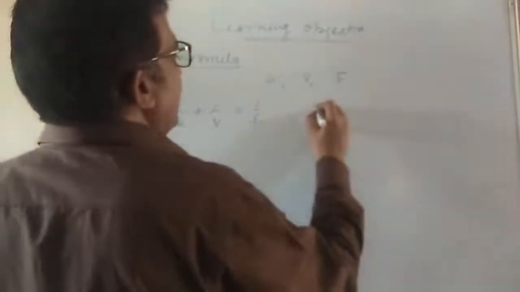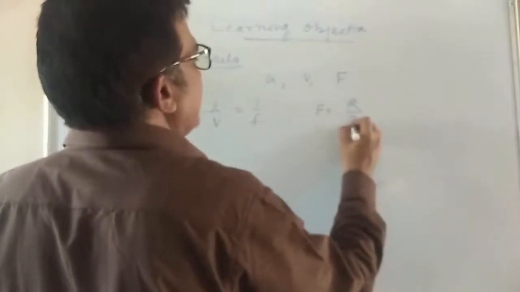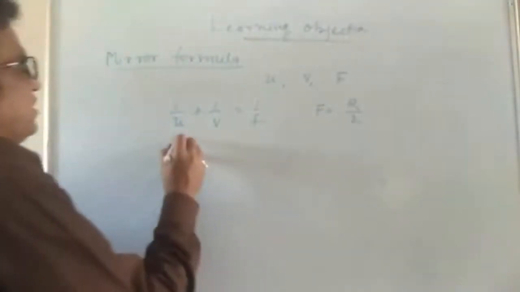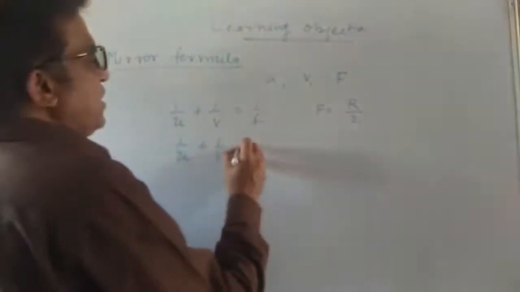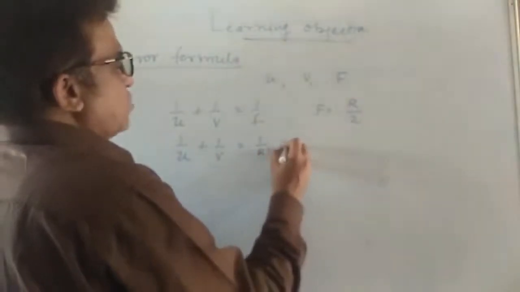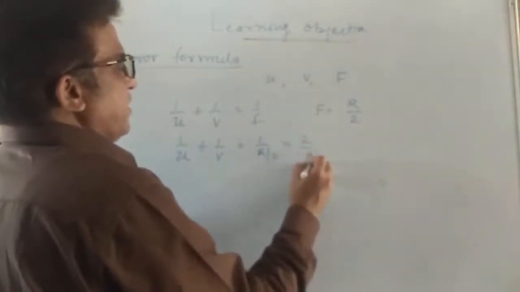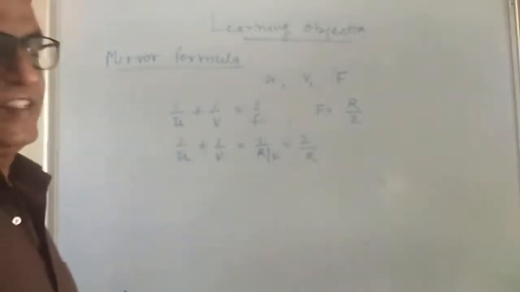One more formula: f is equal to half of the radius of curvature. R is the radius of curvature. I can write 1 by u plus 1 by v is equal to 1 by (r by 2), that is 2 by r. This formula is valid in all situations, in all spherical mirrors.